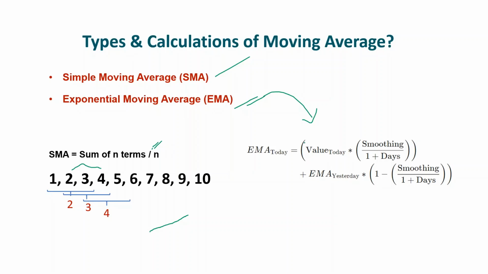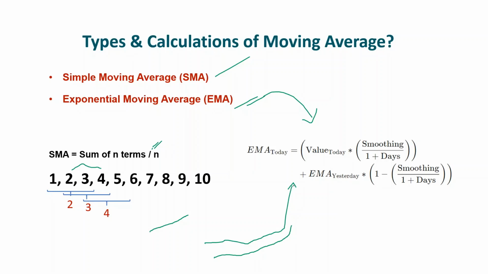Because of the sudden increase, generally this was how the market was moving, and today all of a sudden this movement was seen. So what will happen if this was a simple moving average? The average would have been something like this only, with a small increase like this.